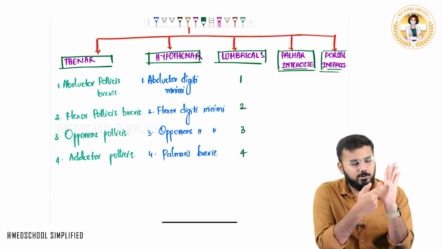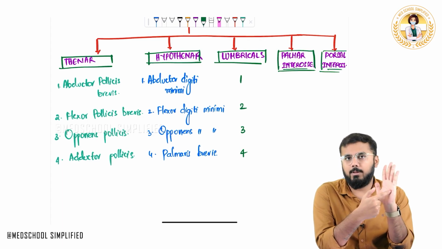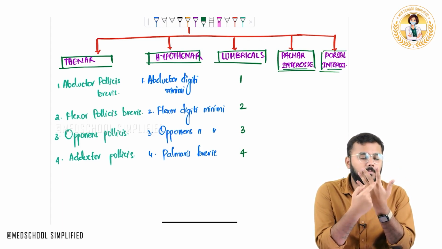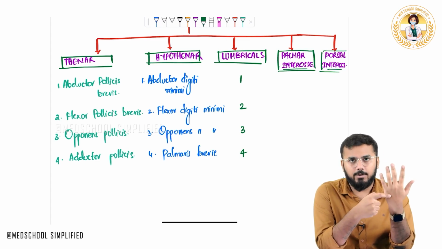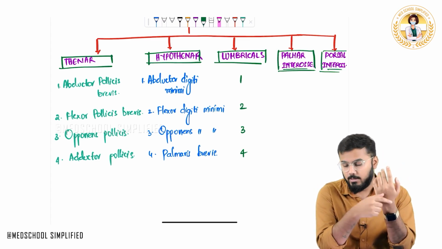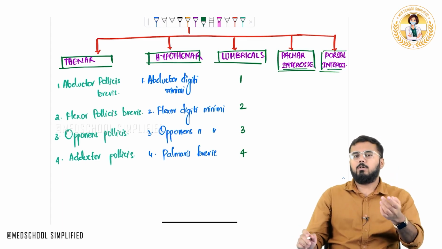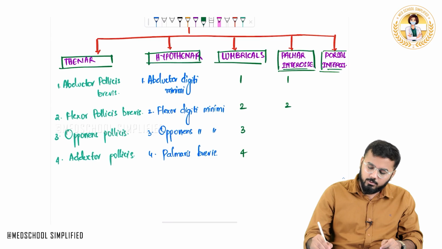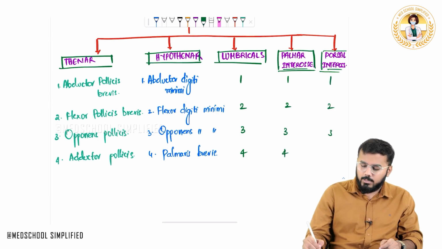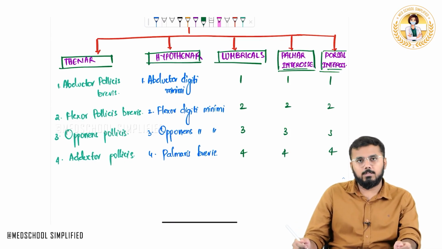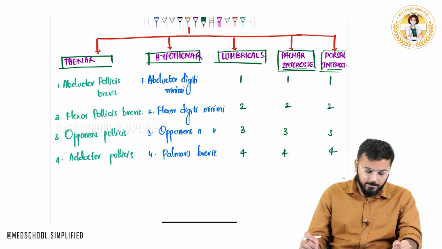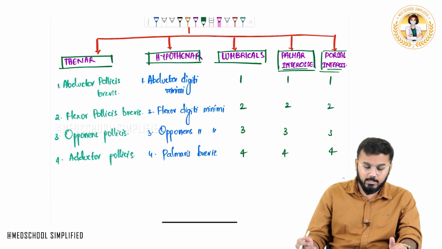The second, the third, the fourth palmar interossei. On the dorsal side also, first, second, third and fourth dorsal interossei. So how many palmar and how many dorsal interossei? 4 each. So 1, 2, 3, 4, 1, 2, 3, 4. Overall if you count, there will be 20 muscles which we shall be discussing today.